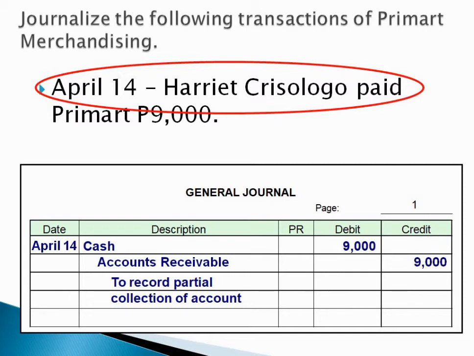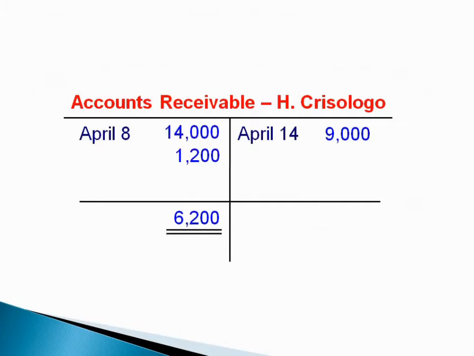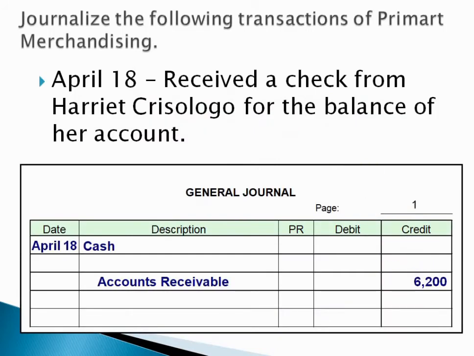So the previous balance of 15,200 minus this credit of 9,000 equals 6,200, balance of the accounts receivable before the final payment by Harriet. If you want, you can prepare a T account for Primark's accounts receivable from Harriet to arrive at the 6,200 balance, which we must credit on the journal of Primark for the receipt of the check from Harriet on April 18.